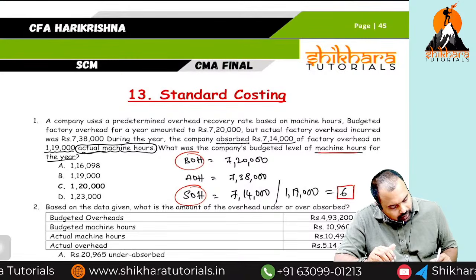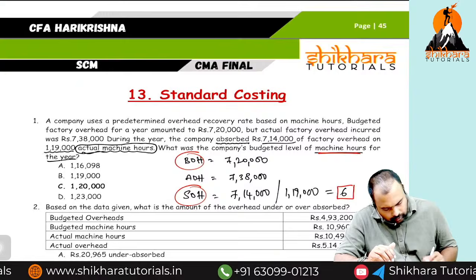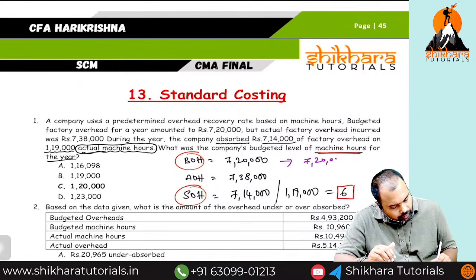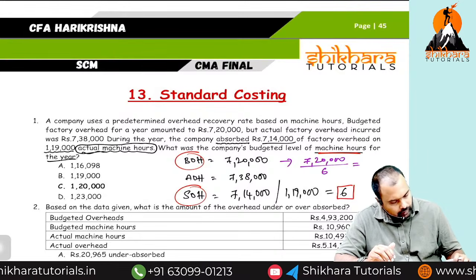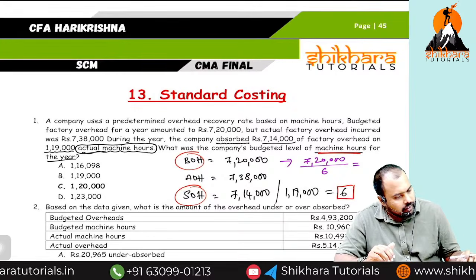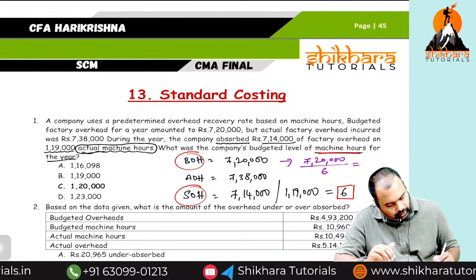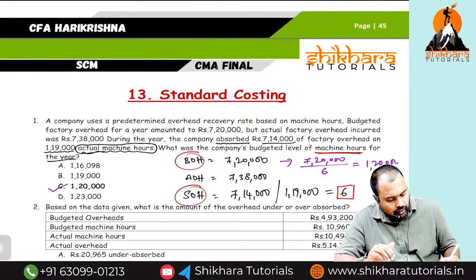Now they are asking the budgeted level of machine hours. It means it has to be 7,20,000 divided by 6. That has to be budget hours. So 7,20,000 divided by 6, which is 1,20,000. So 1,20,000 has to be our answer.